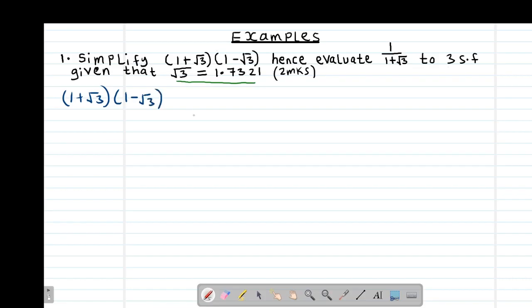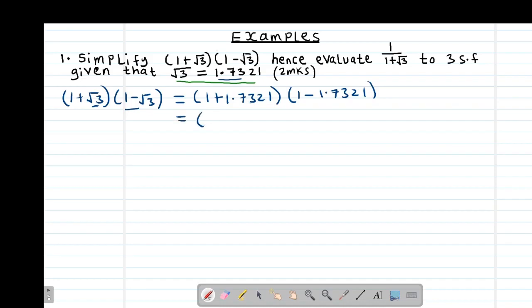So because we are given the value of the root of 3, we are simply going to substitute. So this will be equal to (1 plus the root of 3), which I'm given as 1.7321, multiplied with (1 minus the root of 3), which is 1 minus 1.7321.